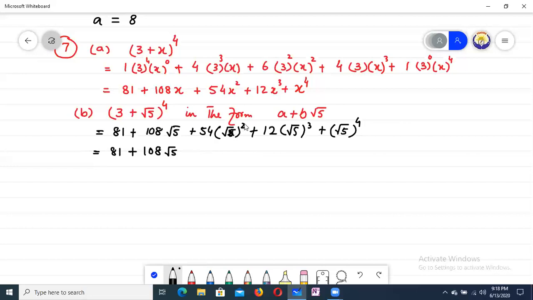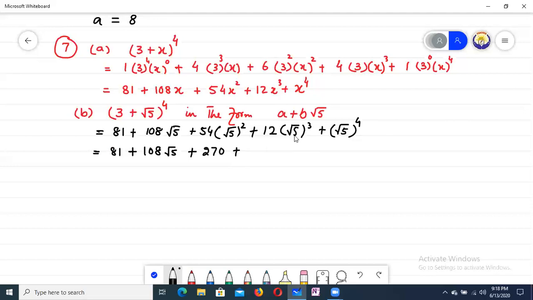Okay, square cancels with square root. Now square cancels with square root, 54 fives are 270.